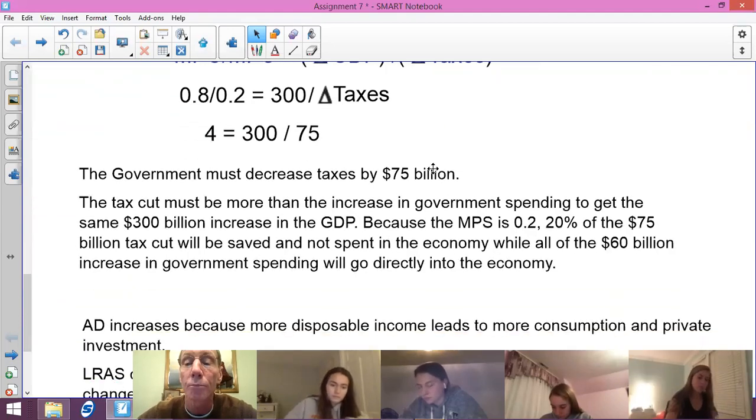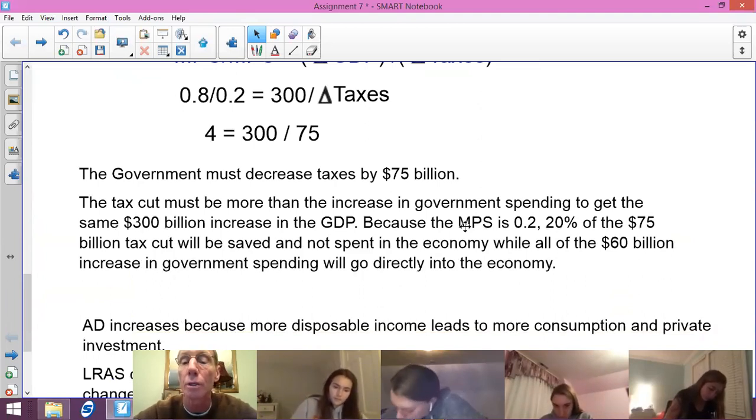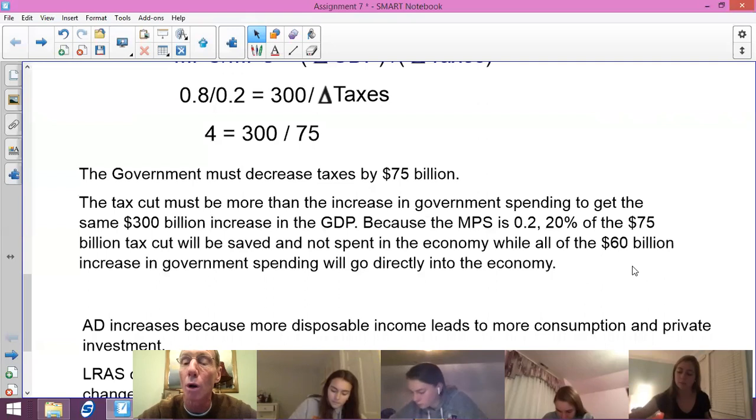Why is that? Well, that's because when the government spends money, all of the money goes into the economy. When taxes are cut, because 20% of the tax cut is going to be saved, the government actually has to cut even more in order to get the same multiplier effect.